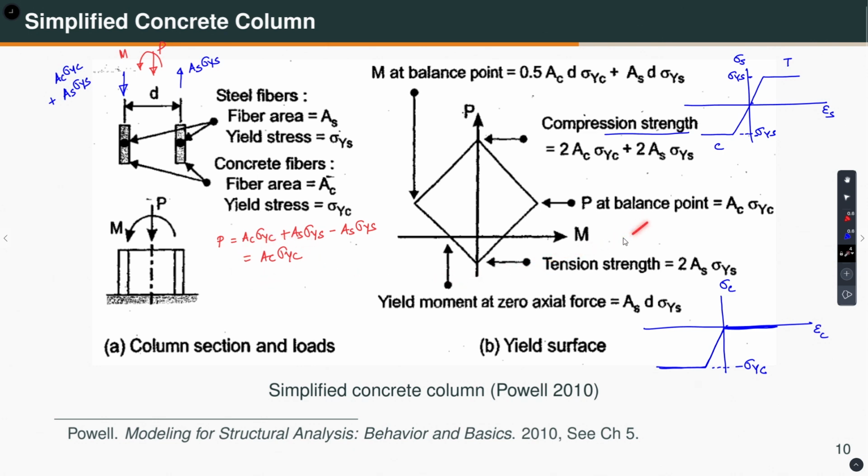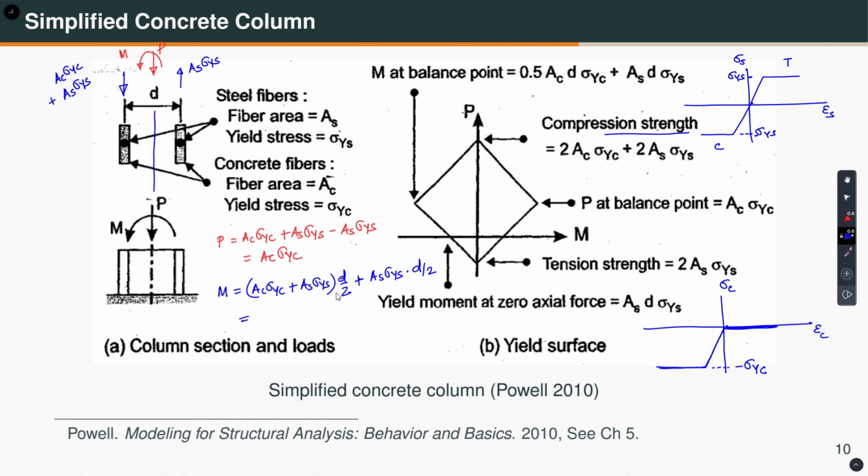Okay. Now, for the moment, this is the resultant moment that we are trying to calculate. If I take moment about the reference axis, about this axis, then what do I get? Bending moment M is equal to A_C sigma_YC into d by 2, okay, plus A_S sigma_YS into d by 2.